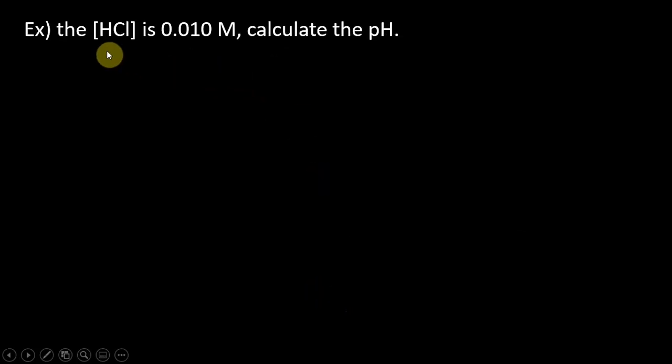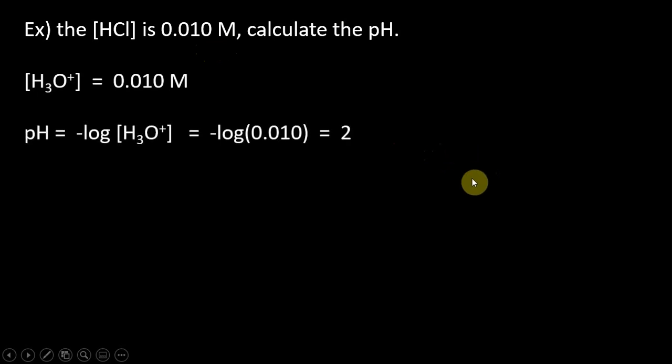All right, so the hydrochloric acid is 0.01 molar. What's the pH? Well, we calculate the pH based on the concentration of hydronium ion. For a strong acid like hydrochloric acid, the hydronium ion concentration is the same. And so the negative log of 0.01 works out to 2.